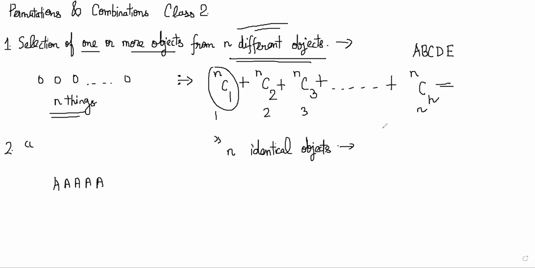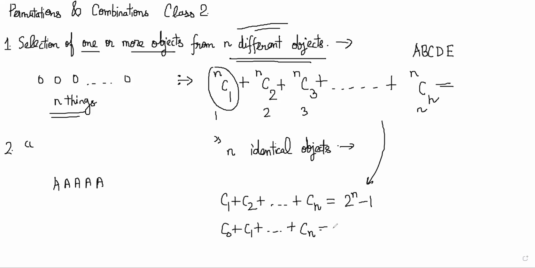This is not hard. If you remember, this is just C1 plus C2 plus up to Cn, which is 2 to the power n minus 1, because C0 plus C1 till Cn was 2 to the power n. So this is basically 2^n minus 1.